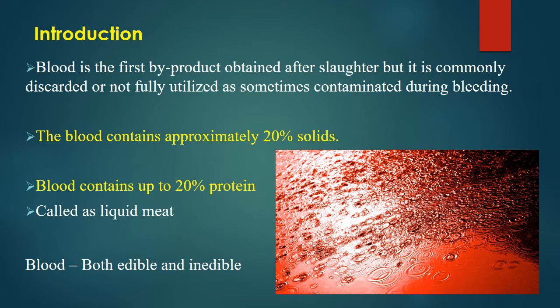If it is from a healthy animal, properly and hygienically collected, stored and processed, then it can have many uses for human food or in the food industry. Otherwise, if it is simply collected and not properly handled, it can be processed into blood meal for livestock use, and other details I am going to discuss later.